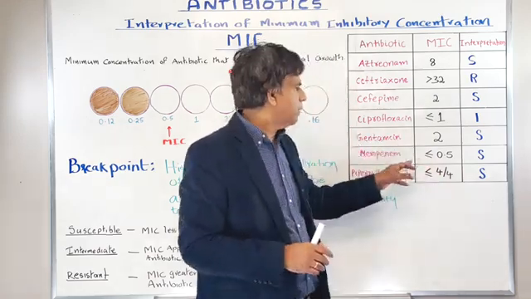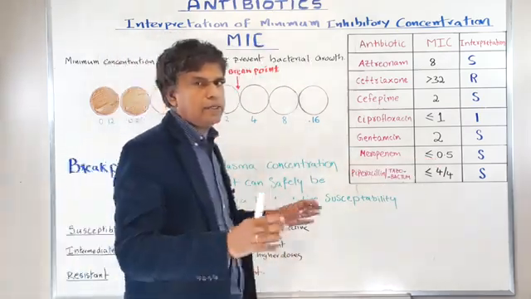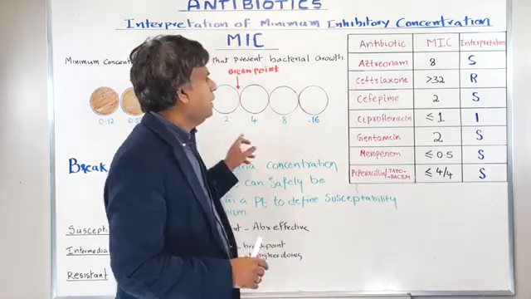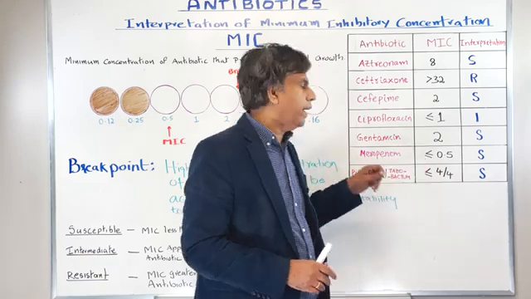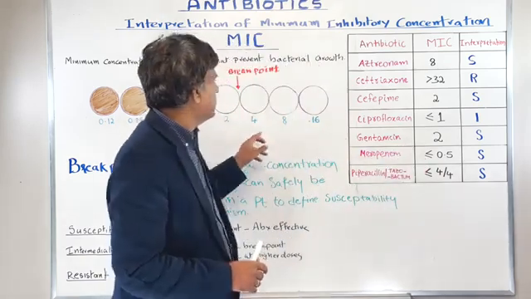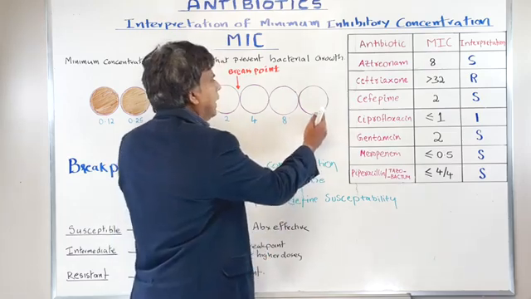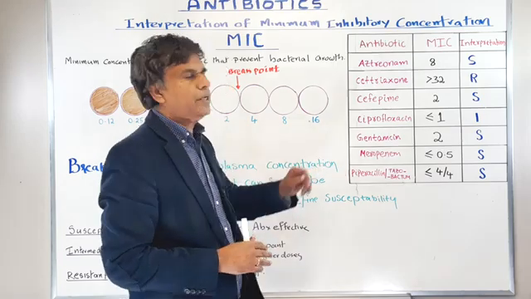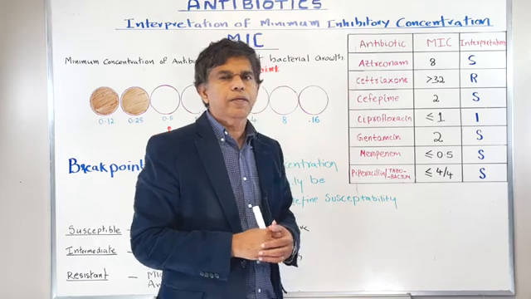Meropenem's MIC is 0.5 up here. Then I look at the breakpoint. If the breakpoint is 2 for meropenem, and the breakpoint for gentamicin may be 16, there's a big difference between the MIC and the breakpoint, so I take gentamicin. That's what's important.